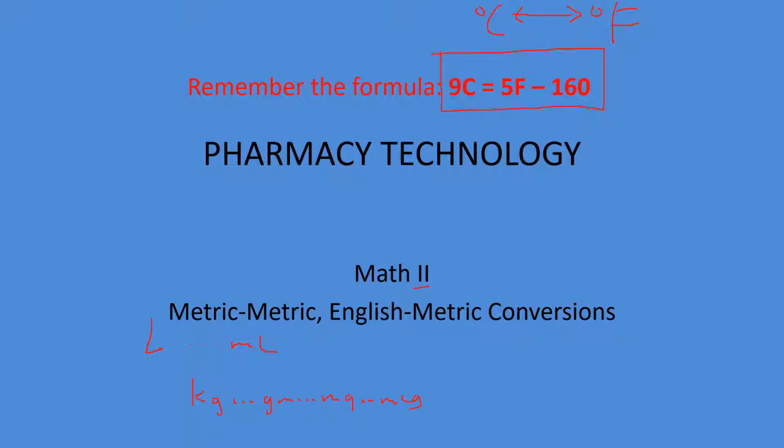If you don't see mLs, liters, kilograms, grams, milligrams, micrograms, it's not metric, right? If you see any other units, then it's most likely English metric, and that's where you need your conversion factors, right? So, is it fraction decimal percentage conversion? Is it metric conversion? Is it English metric conversion? So when you look at a problem, you've got to ask yourself, what type is it? Now, how do I tackle it?